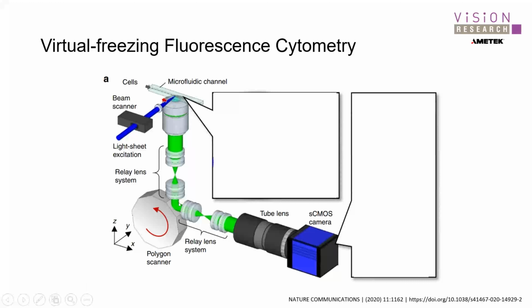As these cells flow through the microchannel, the image is projected onto this scanner. Due to the rotation and the planar nature of the scanner, it moves your image relative to the sensor, so you can actually freeze the motion. At the same time, they have a beam scanner and light sheet excitation to minimize the motion blur due to the cell motion here.